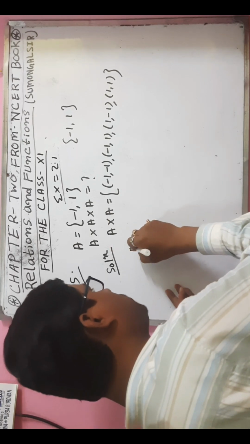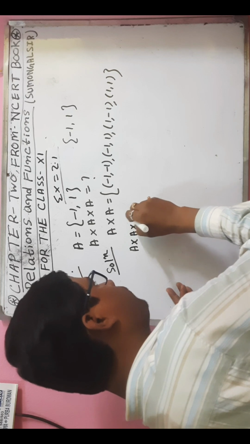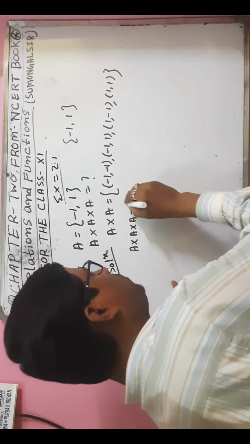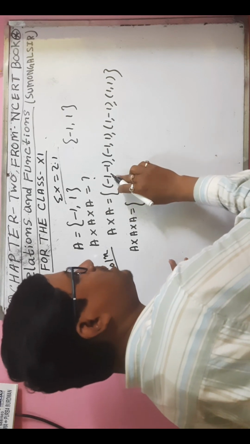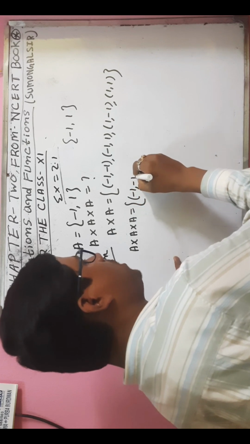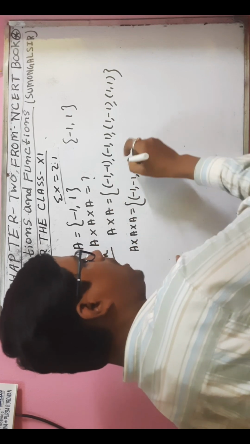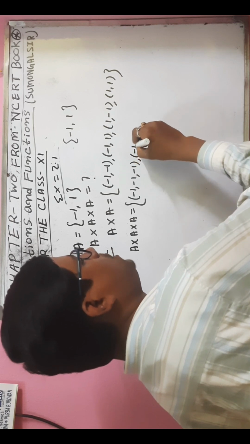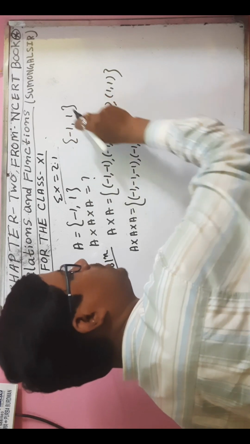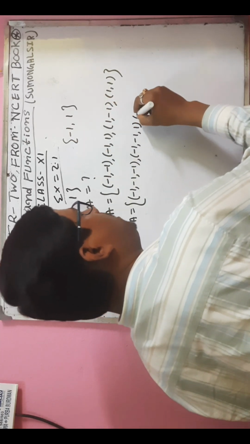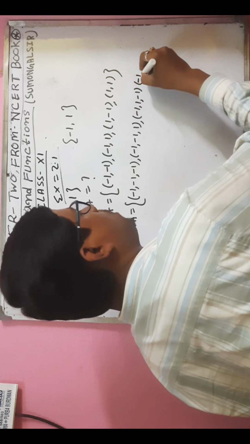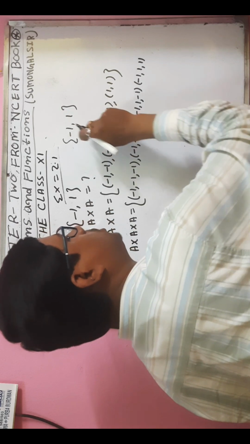Now if we multiply additionally with A, then we get the elements. So (-1, -1, -1) and (-1, -1, 1). So this one and that one are complete. And now (-1, 1, -1) and (-1, 1, 1). This is the completion of these two.